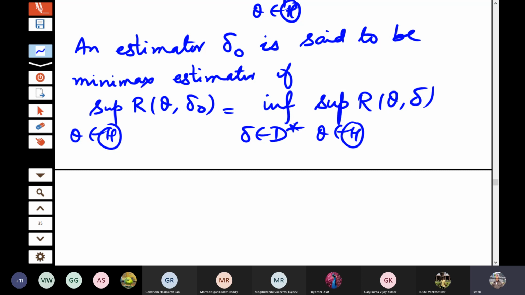This concept has actually come from game theory. In the zero-sum two-person game, you have two players having available strategies to them. So each player will make a move thinking that if he makes a certain move, he may suffer the worst. So now which choice will give him the least risk? So this is the minimax principle, which was there in game theory, and it has been adopted in estimation. And of course, once again, if the infimum is not achieved, we can remain within epsilon.